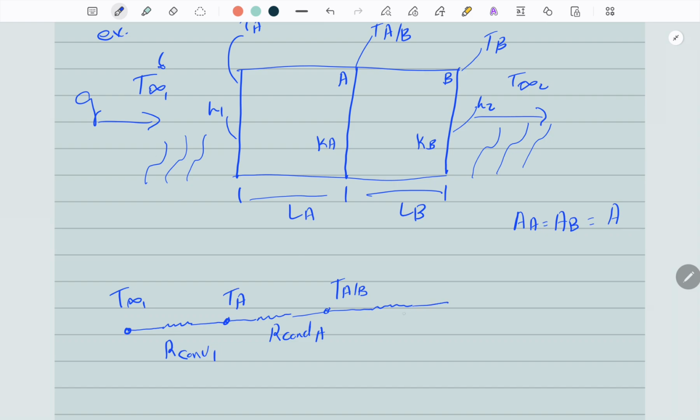Some of the heat is lost to R conduction B before it reaches TB. And again, some of the heat is lost to convection 2 before it reaches T infinity 2, our final point.